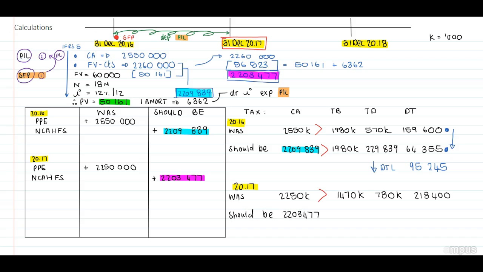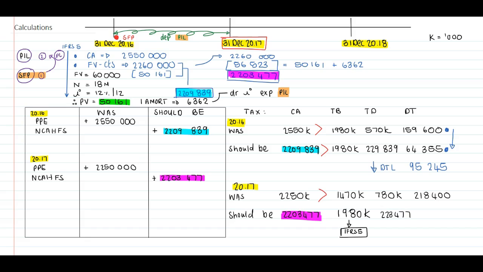220,377, and now this is the important one in terms of tax, guys. What is the tax base? The tax base will be the 1,980,000. Do you see, guys? This is the tax base on the date when we met our IFRS criteria. And our temporary difference will be 223,477.